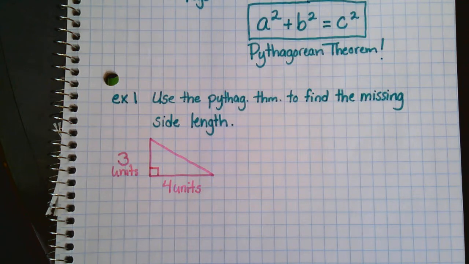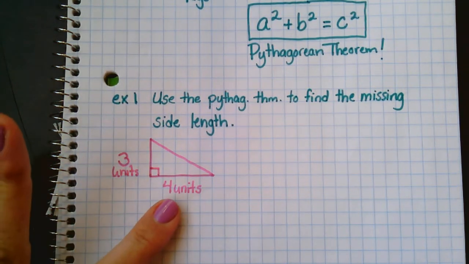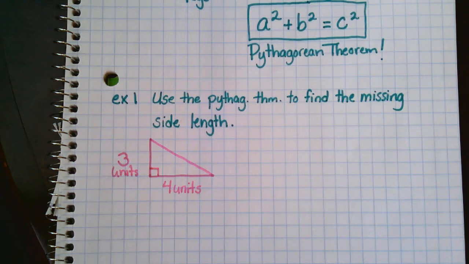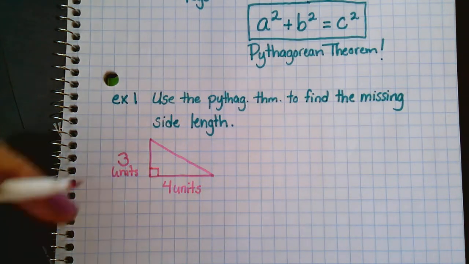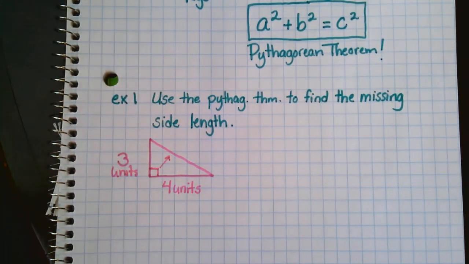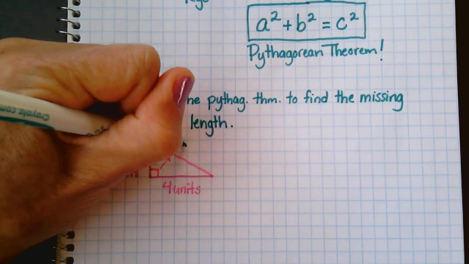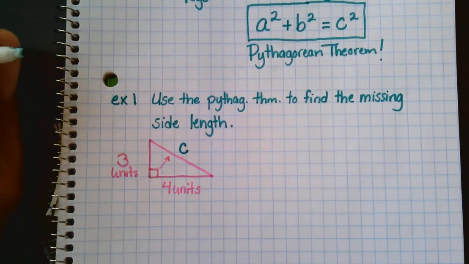And we know that we have a 3-unit side length, a 4-unit side length, and a missing side length. The side across from the right angle, the hypotenuse, is always the longest side. And as we said just a moment ago, the longest side is usually labeled side C. So I'm going to put a C there.